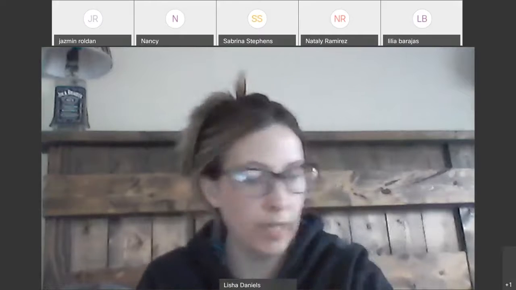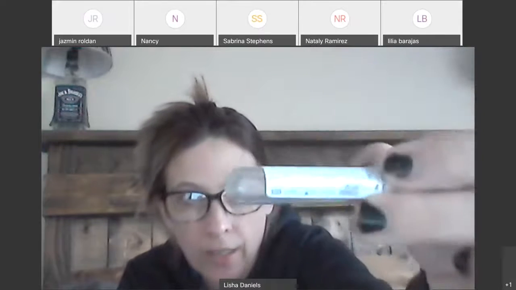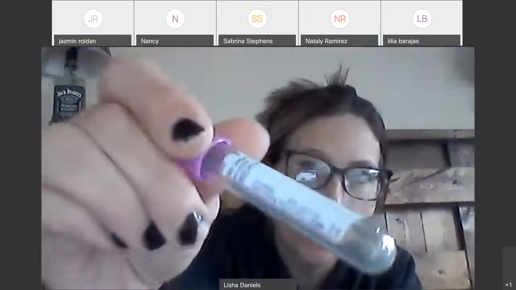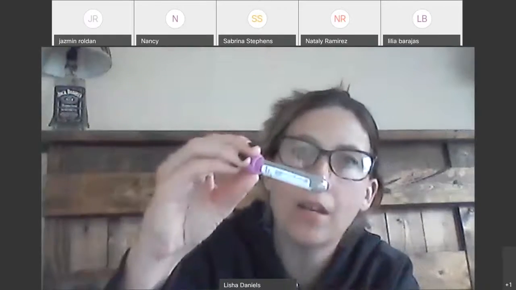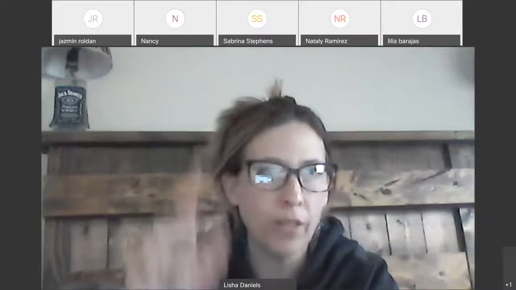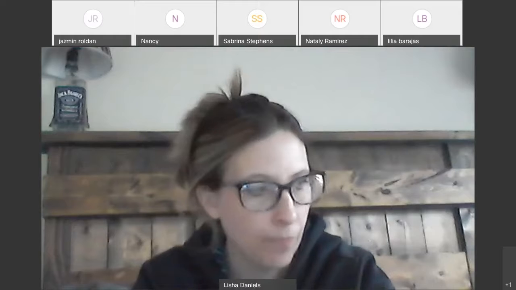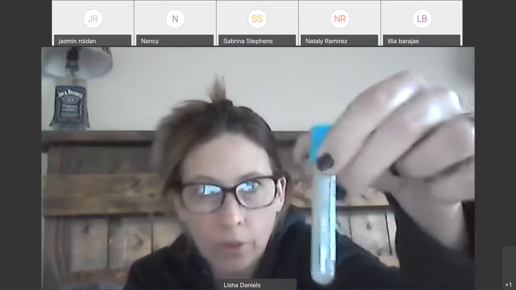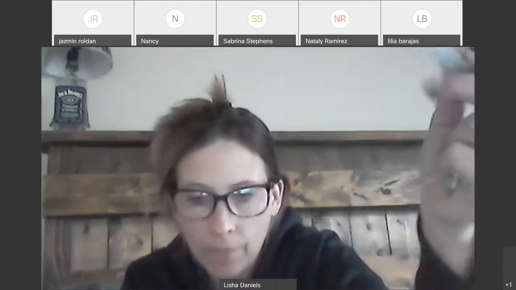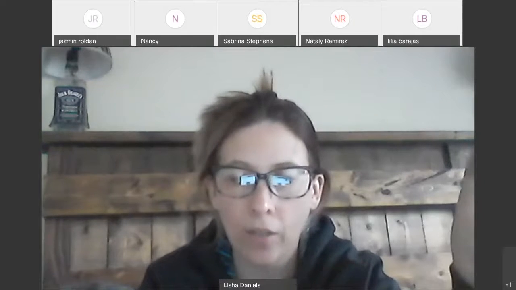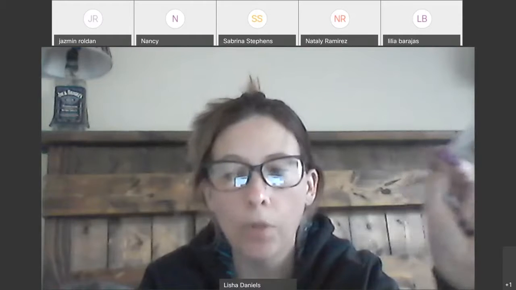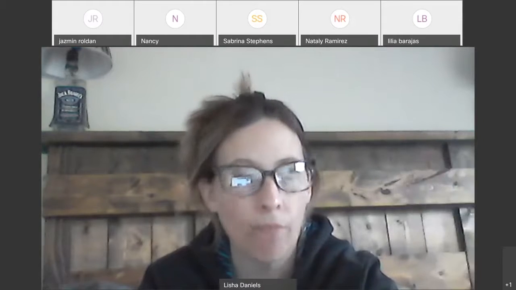Number three is our lavender. I don't know if you'll be able to see it in your tubes, but there's a little substance in there. On mine, it almost looks like the little teardrops on windows when it rains, on the inside. That's an additive. Our light blue has a substance in it as well. For our lavender, highlight that it contains an anticoagulant, EDTA, and it obtains whole blood for CBC.